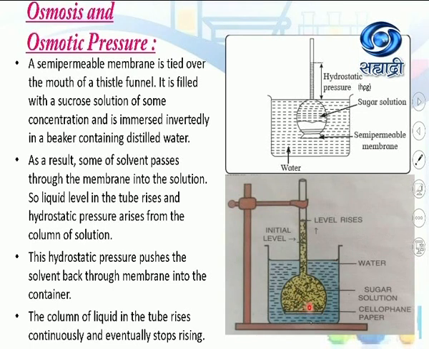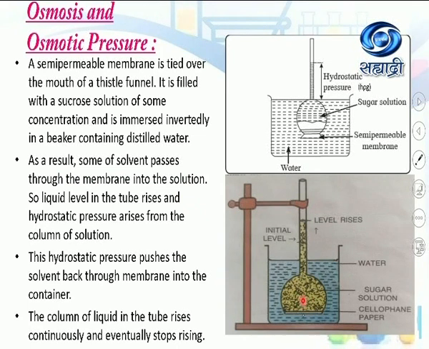Here also solvent आहे आणि solution आहे, मध्ये काय आहे, semi-permeable membrane. So as a result, what happens when a solvent and solution are separated by a semi-permeable membrane? काय होतं, osmosis होणार. So as a result, some of the solvent molecules pass through the membrane into the solution.